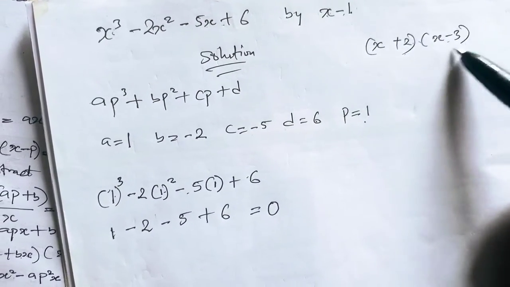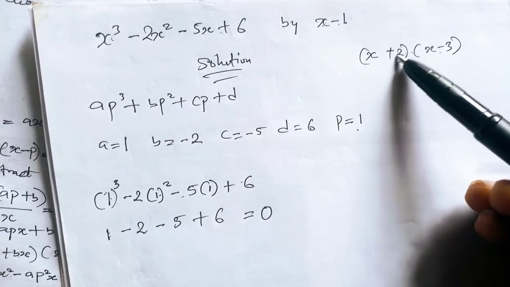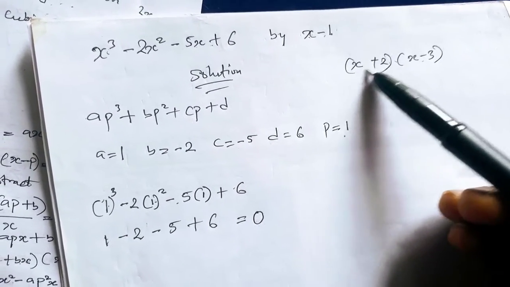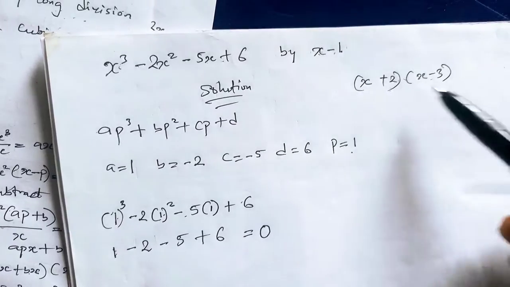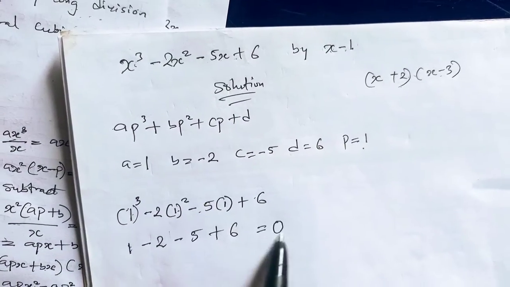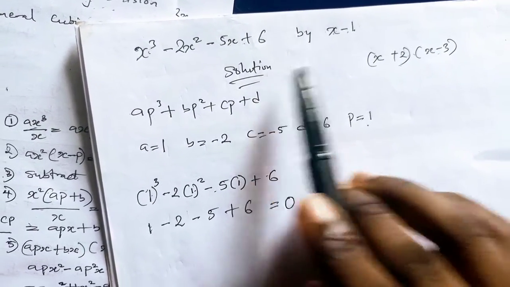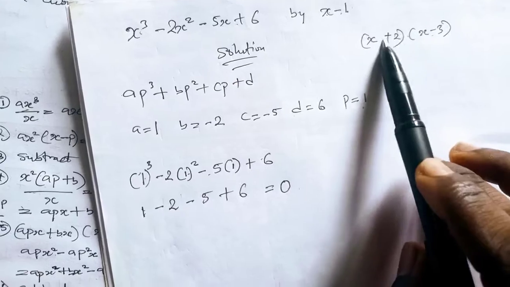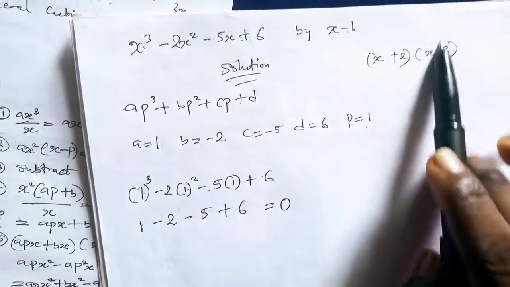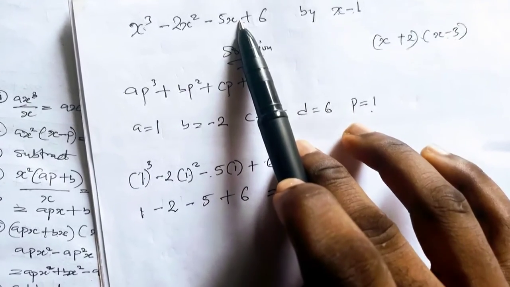That shows that x minus 3 is a factor. And if I impute my negative 2 when I set this to 0, my answer becomes 0 for this cubic expression, and that shows that these terms here are all factors of this cubic expression.